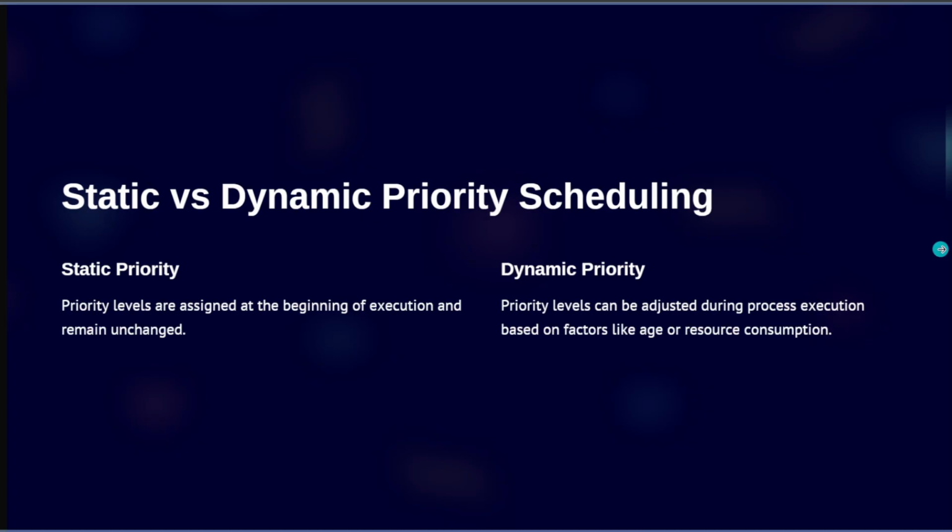Dynamic priority scheduling, on the other hand, allows priority to change during execution, usually through a mechanism like aging, ensuring fairness and preventing starvation by increasing the priority of waiting processes. In essence, static priority scheduling is straightforward but less flexible, while dynamic priority scheduling adapts to the system's needs, but it is more complex.